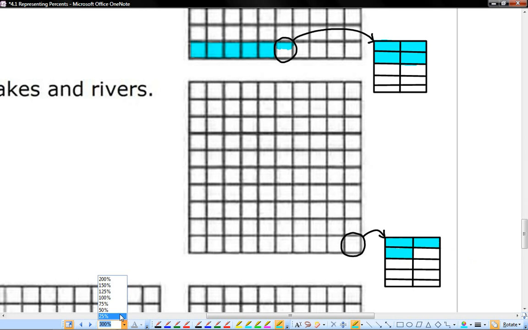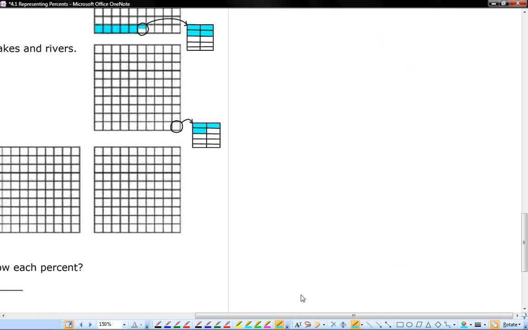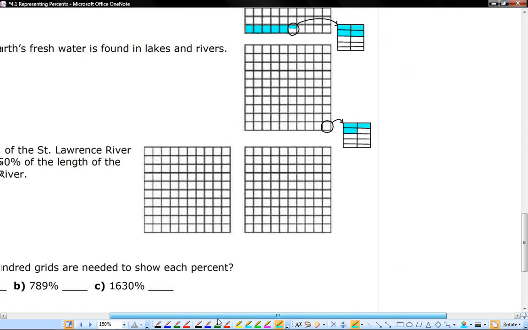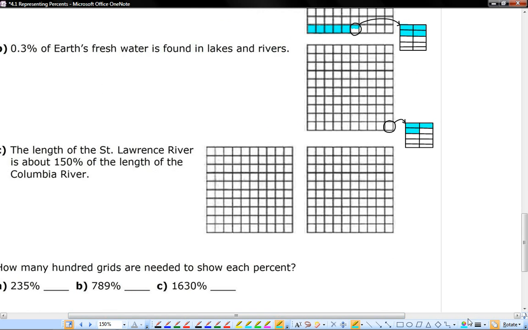So that is 0.3%. And again, I'm going to do what it looks like here. Okay, so that's 0.3%.